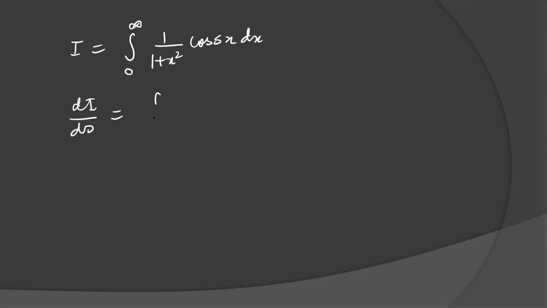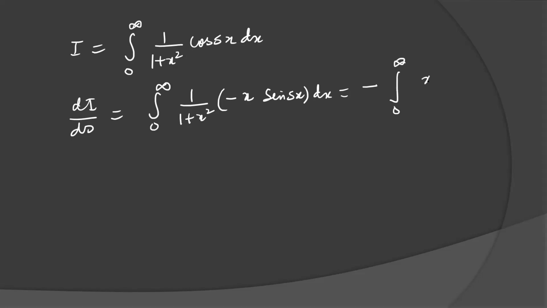I told you this I is the integral from 0 to infinity of 1 over 1 plus x square cos sx dx. Now if you differentiate with respect to s, you get the integral from 0 to infinity of minus x sin sx dx, or you can write minus the integral from 0 to infinity of x over 1 plus x square sin sx dx.